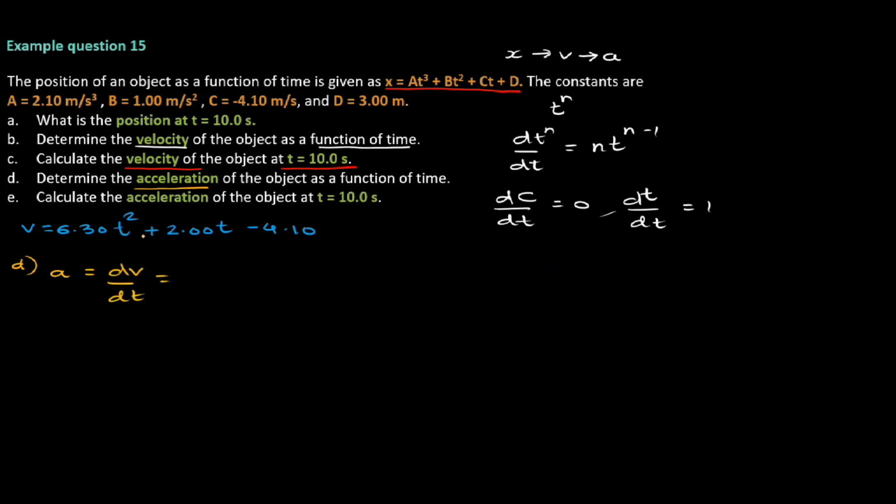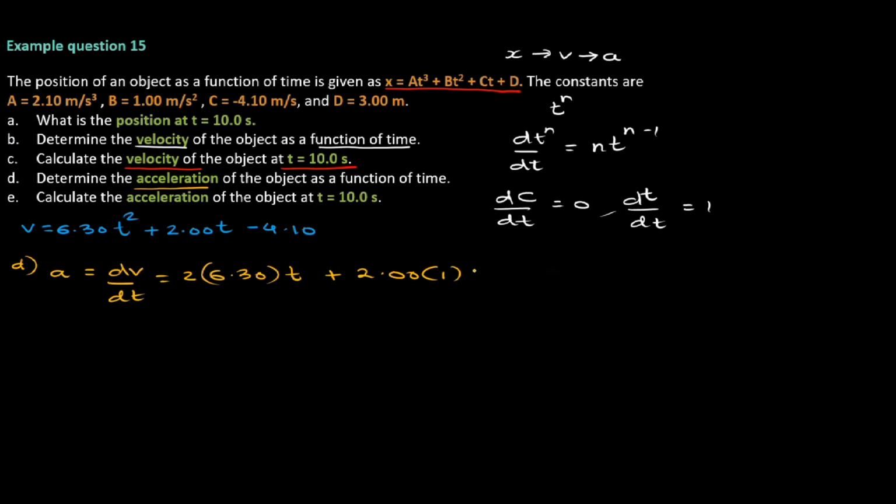So when we take derivative, we keep this constant 6.30 as it is. Power of t is 2, so multiply with that power first, then reduce the power of t by 1. So 2 minus 1 is 1. Plus, keep this constant as it is. Here you have just t. dt over dt is equal to 1.